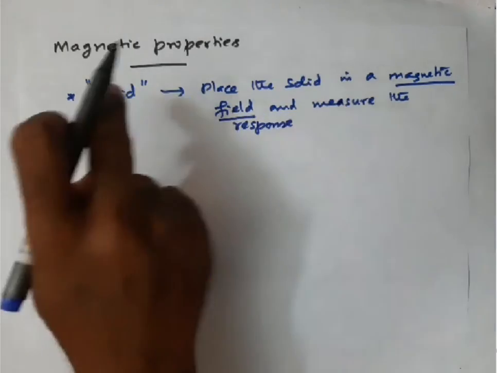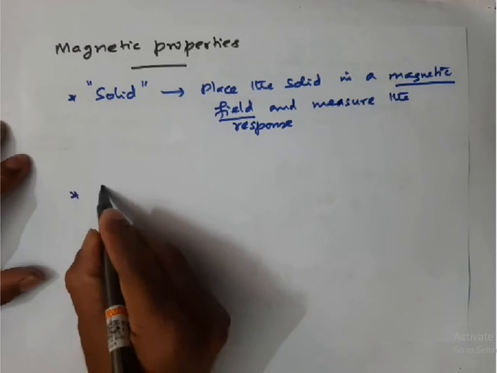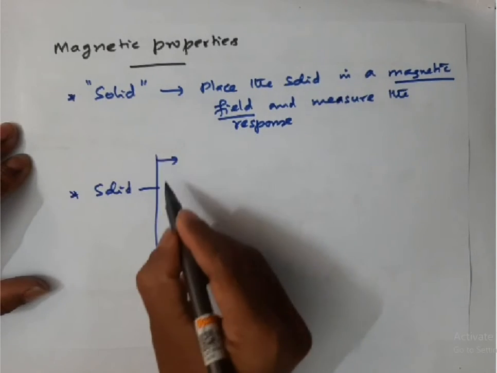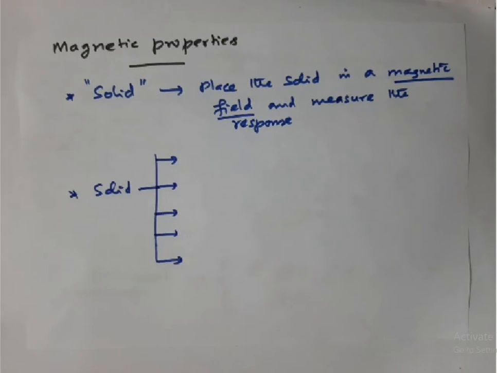Based on the response of your solid in a magnetic field, we classify solids basically into 5 types. We classify the materials into 5 types based on how solids respond to the external magnetic field.